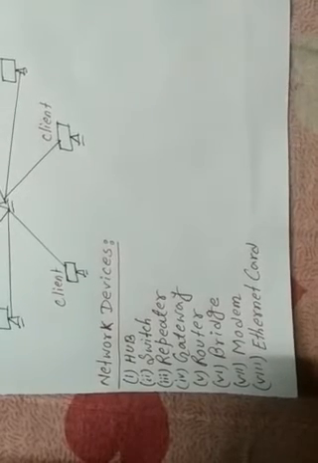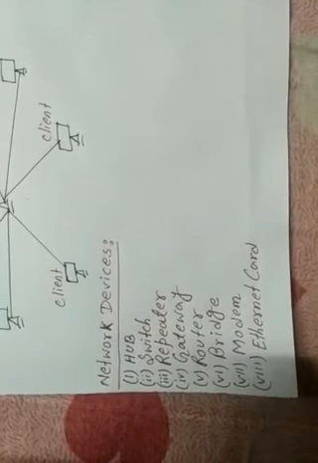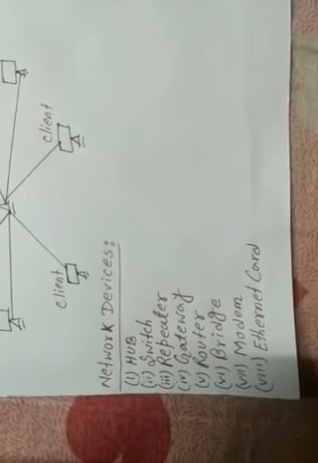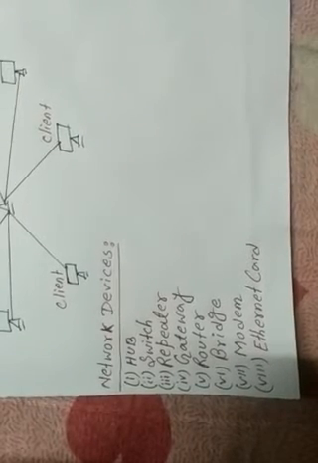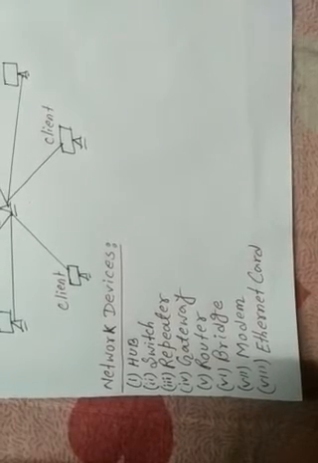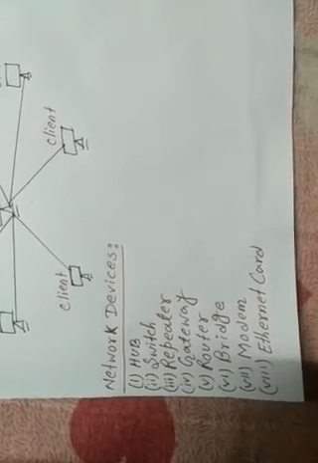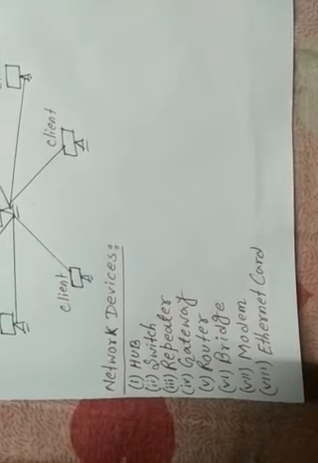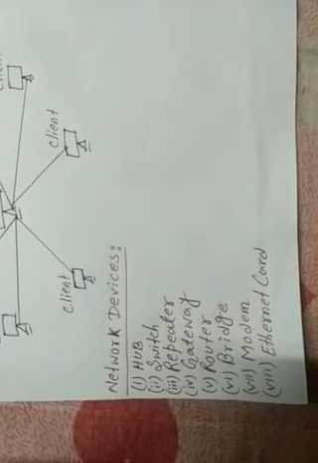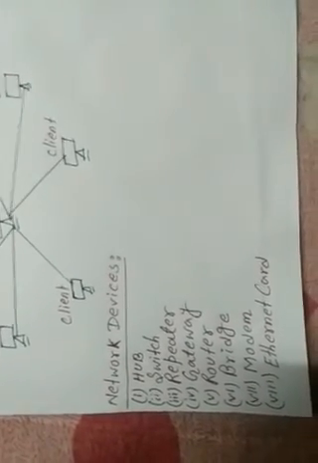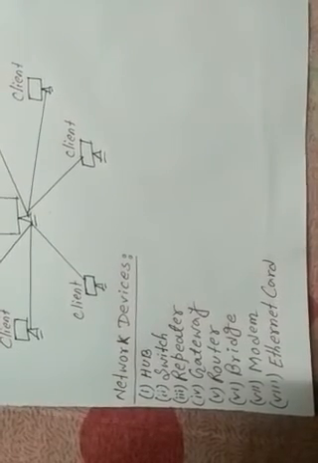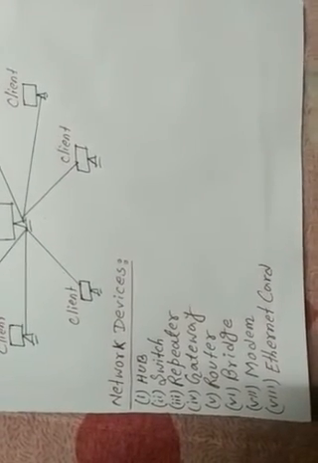MAC address means media access control, the physical address of the computer that is in the network. Second point, switch does unicasting, multicasting and broadcasting based on necessity, but hub always does broadcasting. Hub has no memory, but switch has memory and stores a MAC address table.